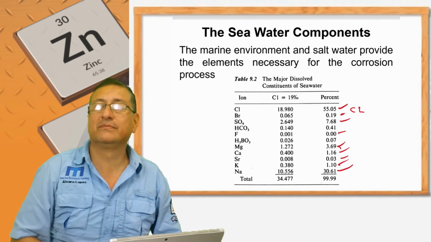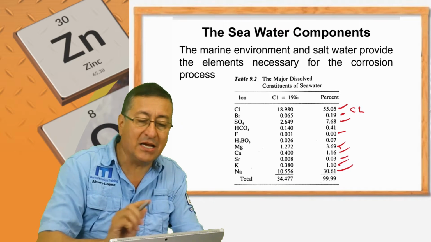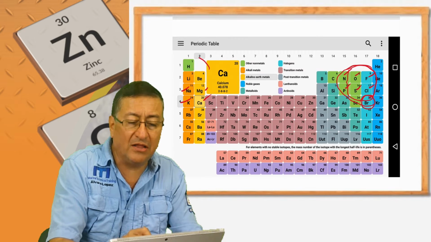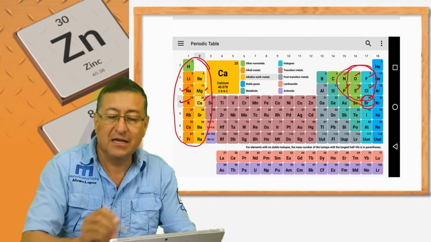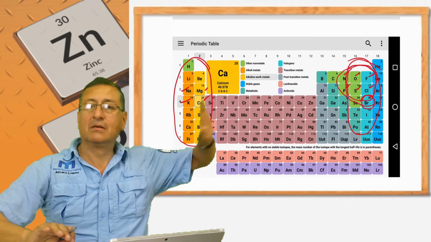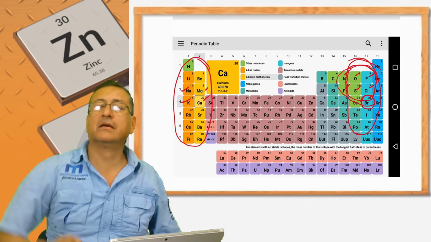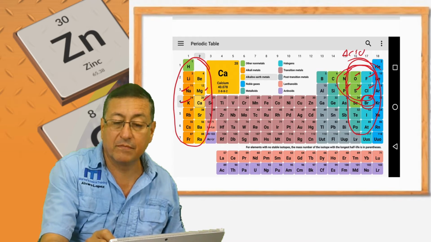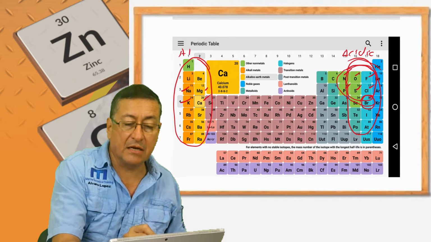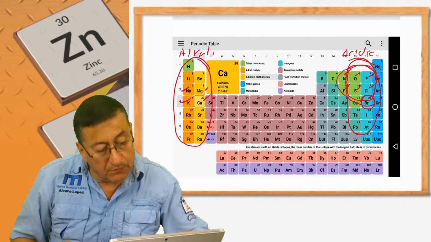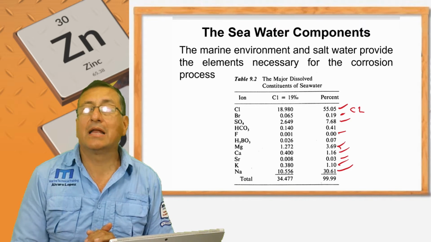Potassium, sodium, all of the elements located here, sodium, magnesium, calcium, potassium, all the alkali. You have two streams, no good. Alkali, acidic, both of them. Remember, those are acidic. Those are alkali. Both streams produce a high level of corrosion.